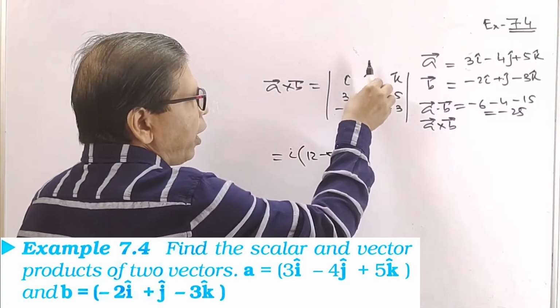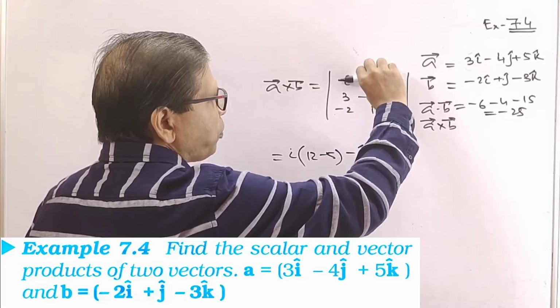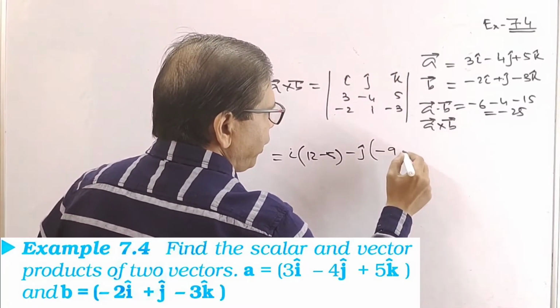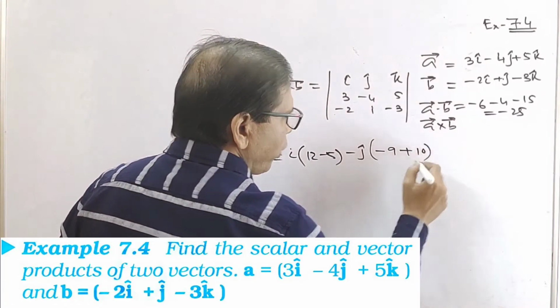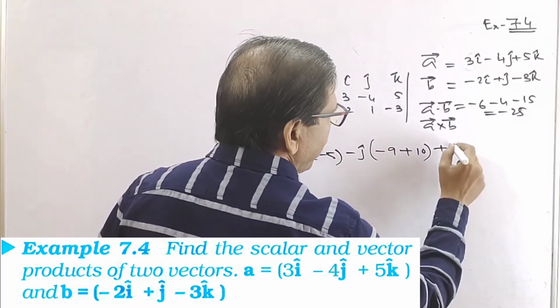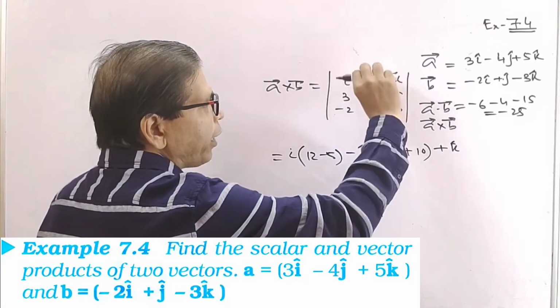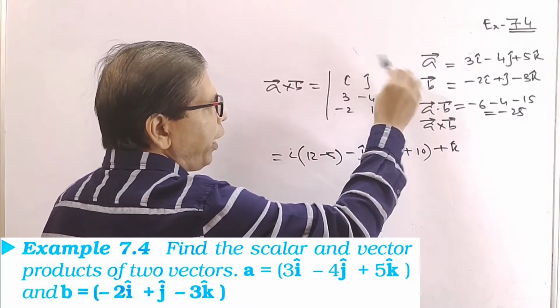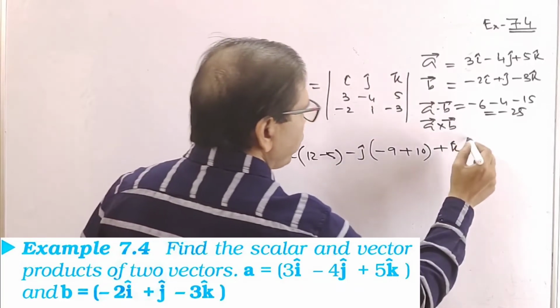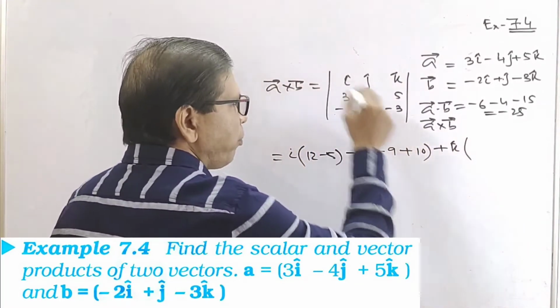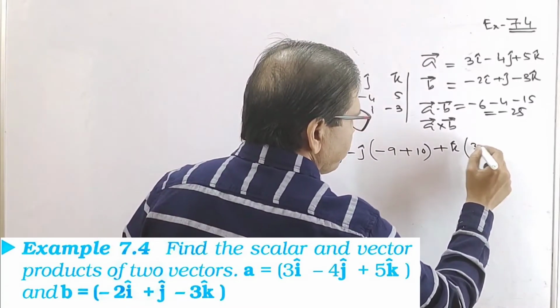Look at this, the column of j and row of j are omitted. So look at this, it is minus 9 plus 10. Okay, now this is k cap. Here the column of k and row of k are omitted. So look at this, it is 3 minus 8.